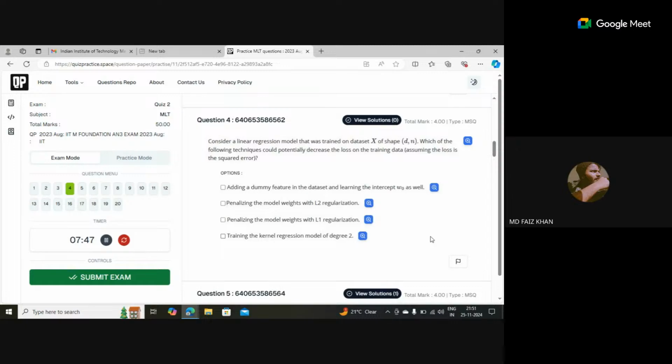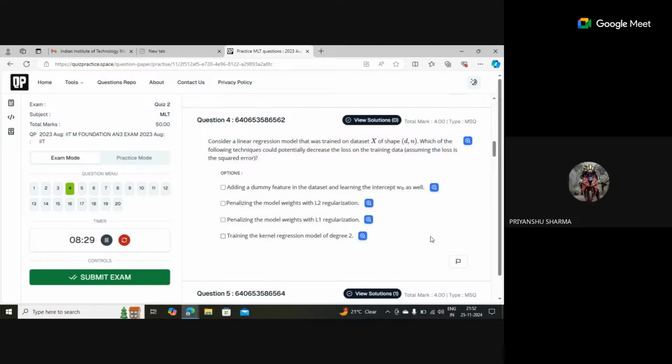I know the answer, but what is the reason behind this? Ma'am, I think when we add this dummy feature, the line will not pass through the origin.